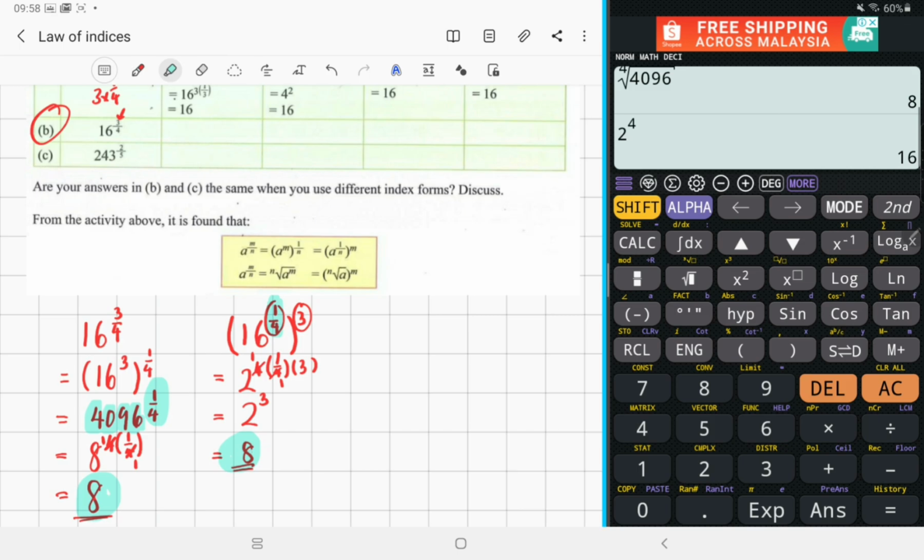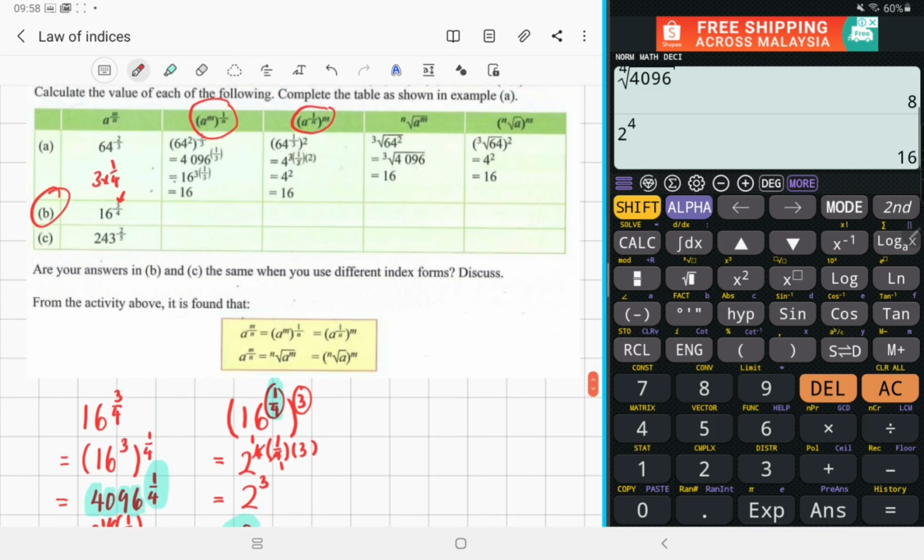The value is the same. Alright, now we try another one, in the form of nth roots. So we know that 16 to the power of 3 over 4, if we write in this form, is the fourth root of 16 cubed. 16 cubed, we found just now, is 4096.